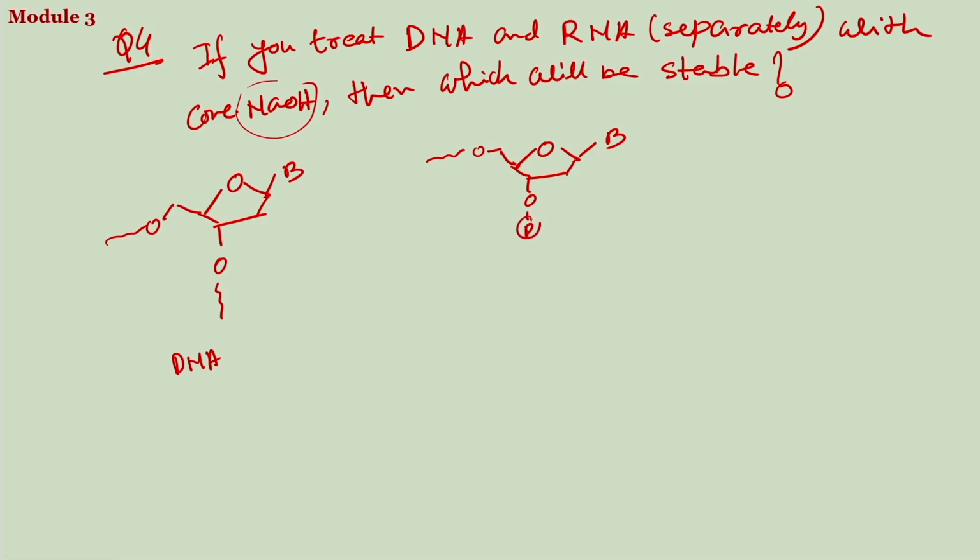I am writing the phosphate P, and then this is the RNA with the OH here. This is your RNA. If you treat this with NaOH, what will happen?